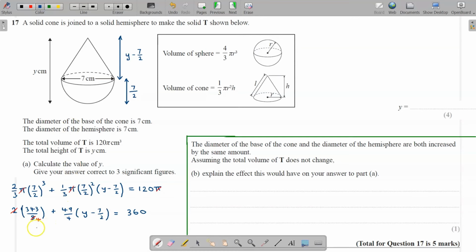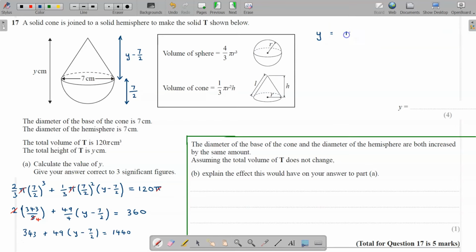So we have 343 plus 49 lots of y minus 7/2, and that equals 1440. We just got to rearrange that now to find y. We'll do that over here. So basically we can take away the 343, divide by 49. So y equals 1440.